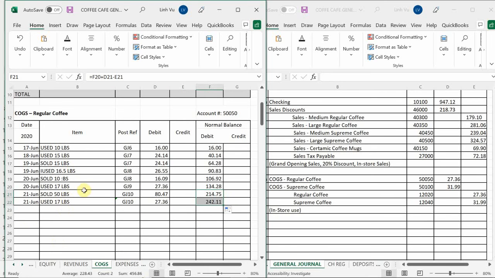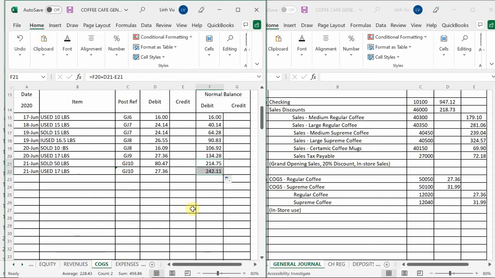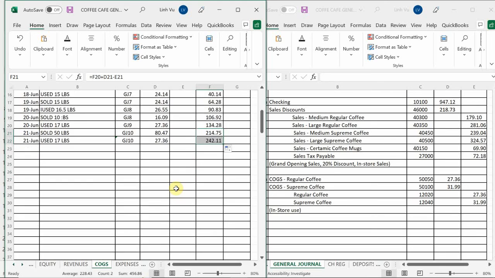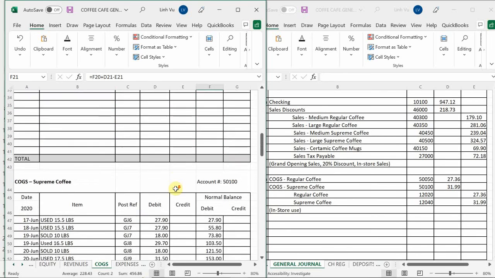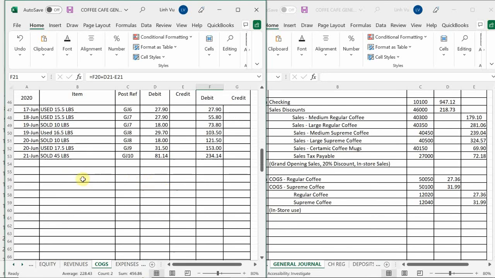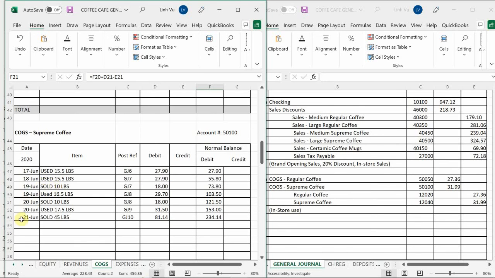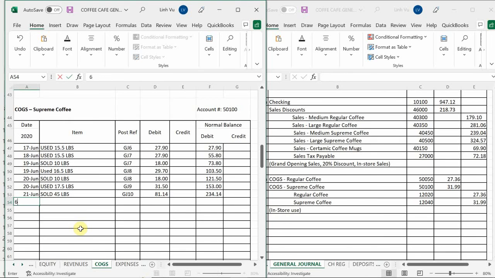Okay, so I just copied all the information that we had from our previous transaction and dragged it down. So now we got 242.11 in my regular coffee that I sold. All right. What about my Supreme coffee?